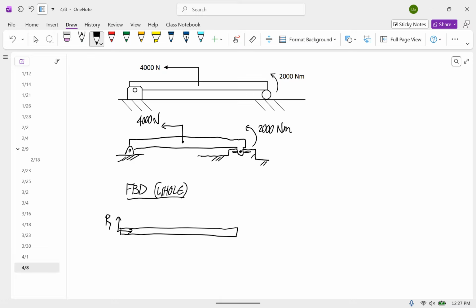We have an RA over here and a 4,000 here and an RB. The only thing that's different this time than if it was a roller is that this RB can be negative and that joint can still sustain a negative value of RB. With a roller like this, it would have to be upwards positive the way I did it. And then we have the 2,000 here.